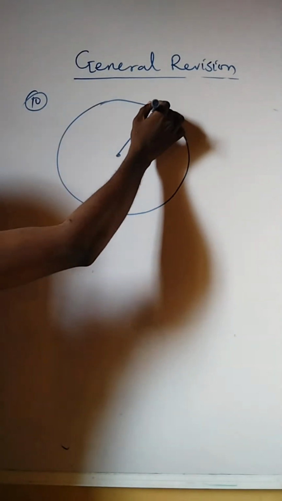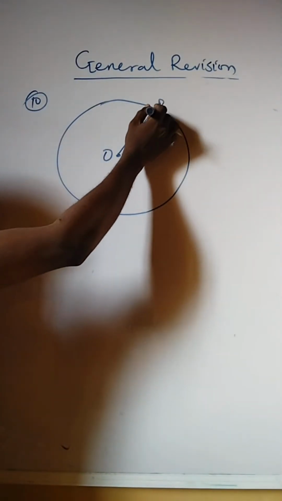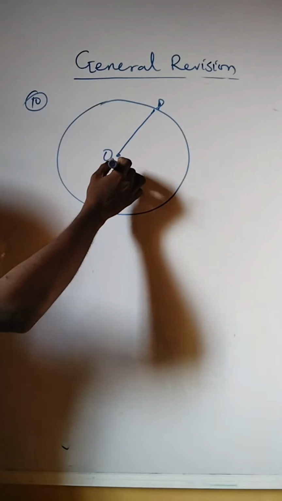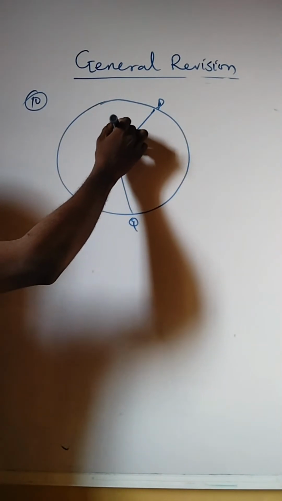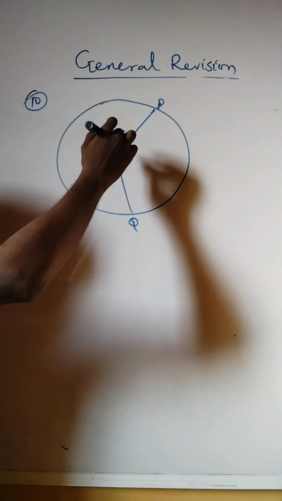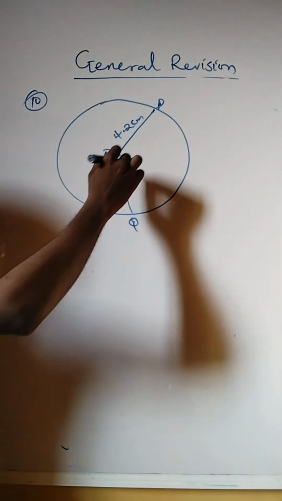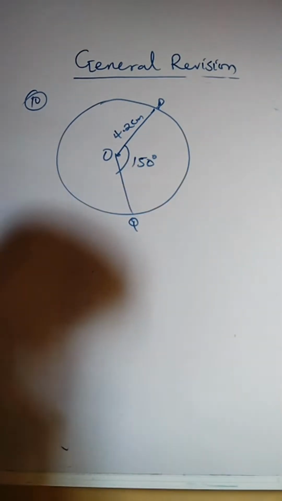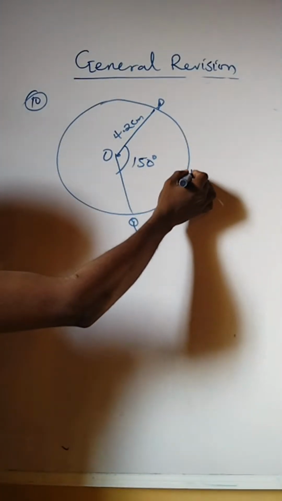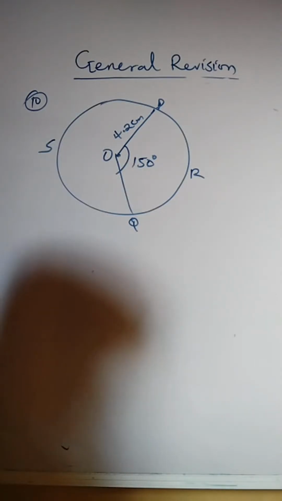You have this line from the center of the circle. This is O, this is P, and also we have another line. This is Q. This is labeled as 4.2 centimeters, and we have 150 degrees at the center. This is labeled R. This is S.